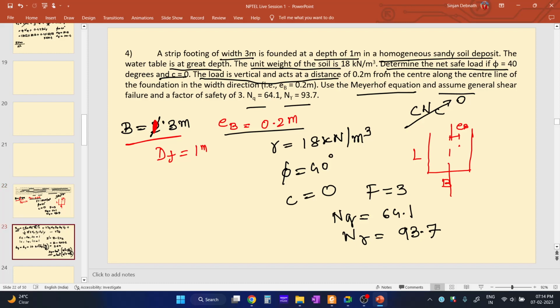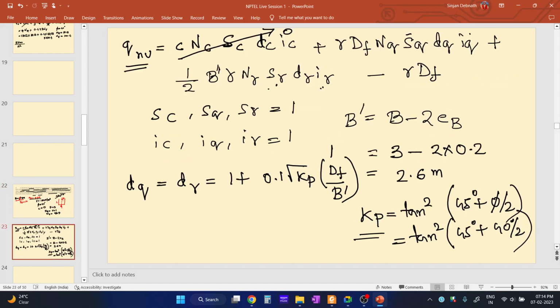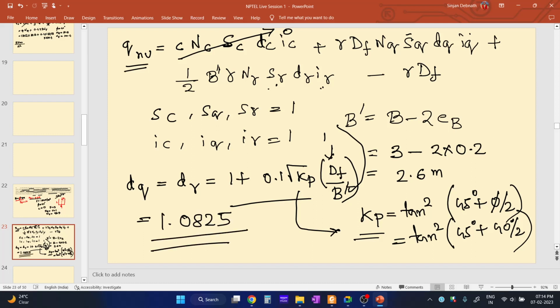It is 1 meter. You can calculate Kp using this formula. You also know the value of b dash. So if you put all these things, you will get dq equal to d gamma, and it will be 1.0825.